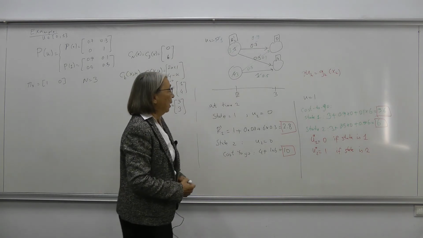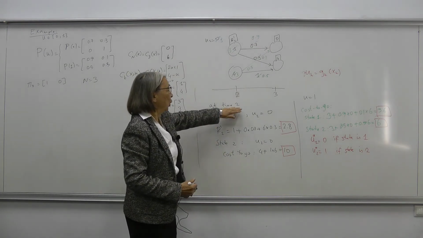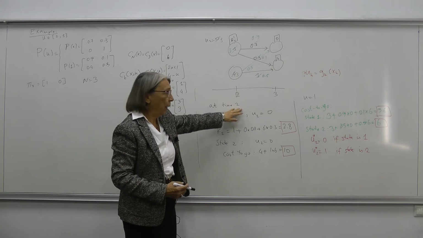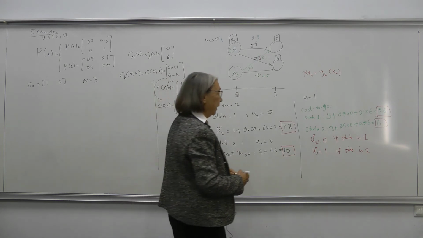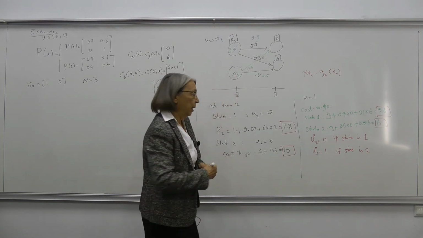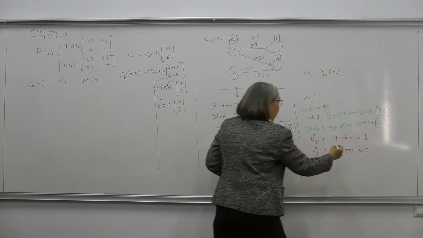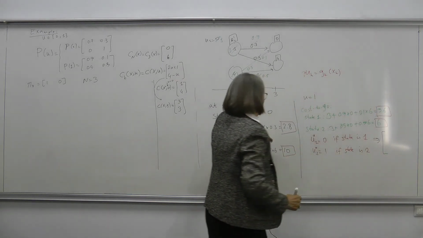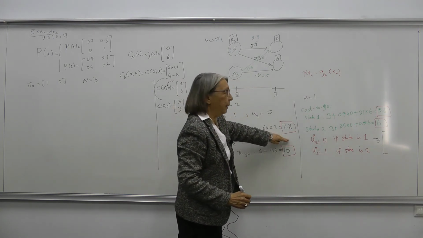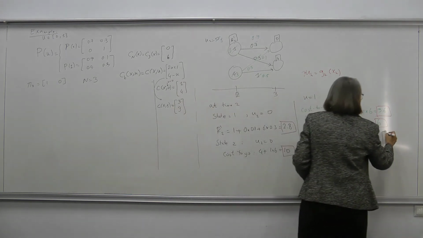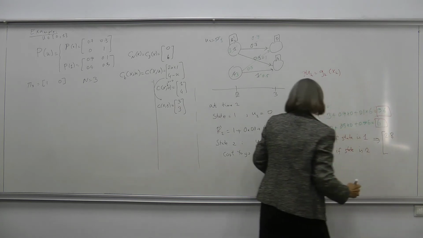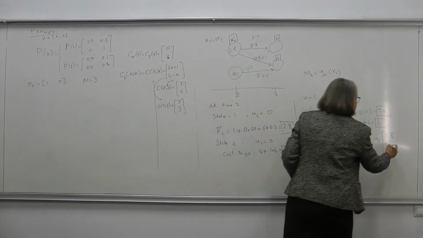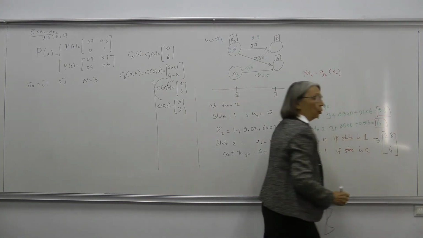For time 2, we have calculated the optimum cost to go, and the optimum cost to go vector can be written for states 1 and 2 as this one. When the state is equal to 1, 2.8 is smaller than 3.6, so we have 2.8 there. And when the state is equal to 2, 10 is larger than 6, therefore we have 6 here. That is the cost to go.